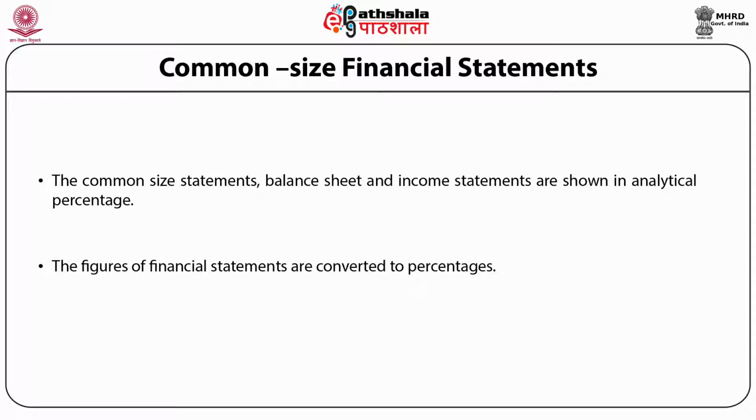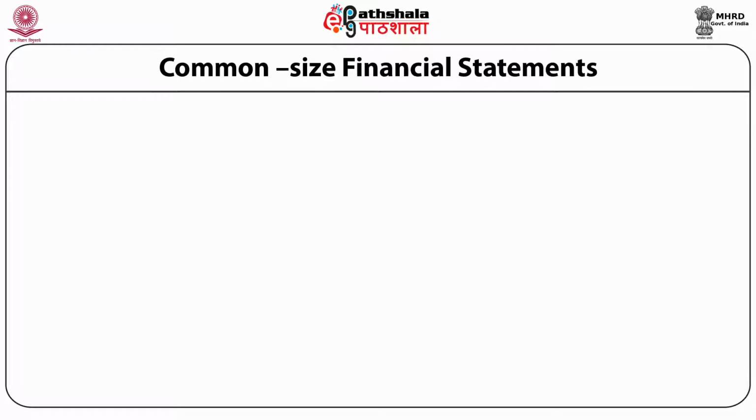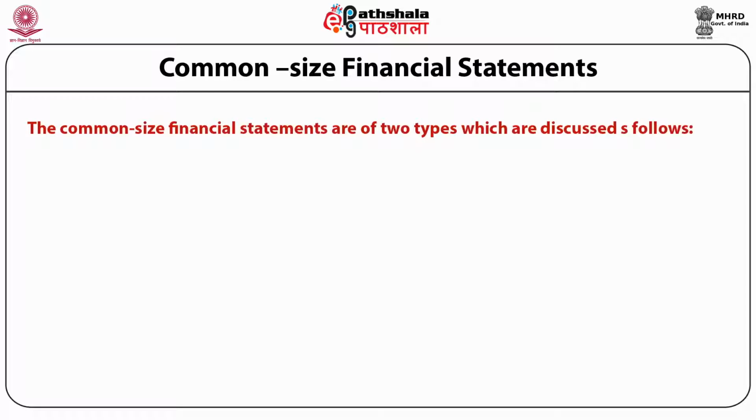B. The balance sheet items are expressed as the ratio of each asset to total assets and the ratio of each liability to total liabilities. Thus, it shows the relation of each component to the whole, hence the name common size. The common size financial statements are of two types, which are discussed as follows.